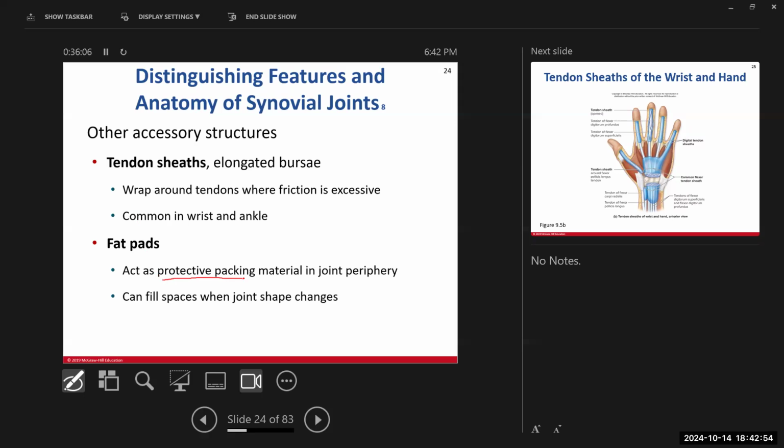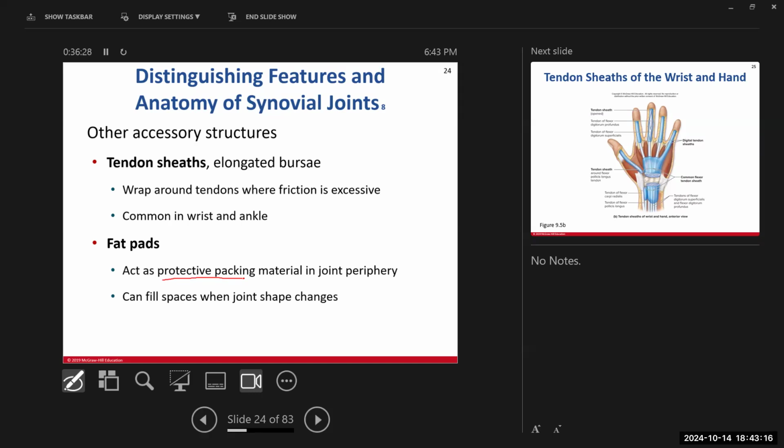And it's providing a cushion-like environment to decrease compressive forces, shearing forces, and other types of forces, not so much like shock absorption, because that's what the cartilage is for, but when tissues are sliding by each other and moving around each other, fat pads play a big role.